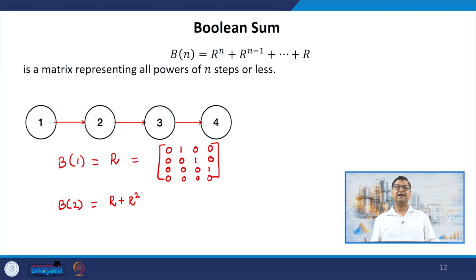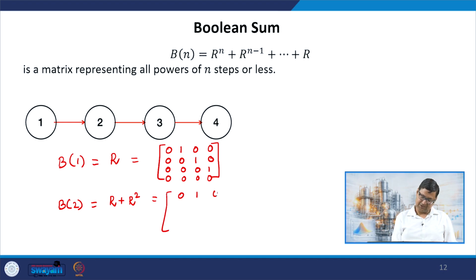So now I am adding information from the 1-step paths and 2-step paths, and let us see what we get. We get something like 0 1 0 0, 0 0 1 0, 0 0 0 1 and 0 0 0 0. Now let me add R square to it.